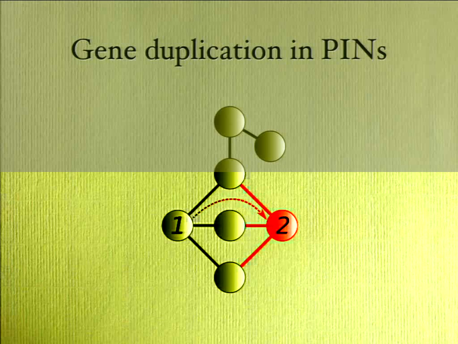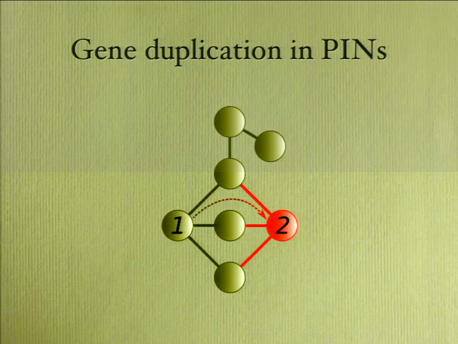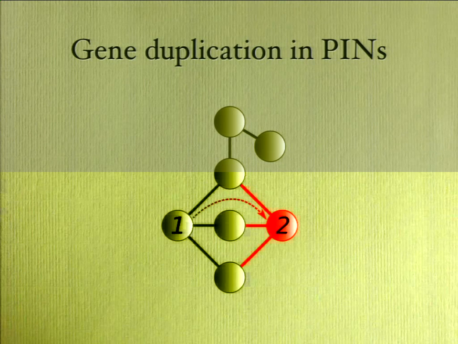Also representing gene duplication in protein interaction networks is fairly straightforward as well. The way you would do that is, you would make a copy of that protein that's expressed from the gene duplicate, and you'd copy its interactions as well.